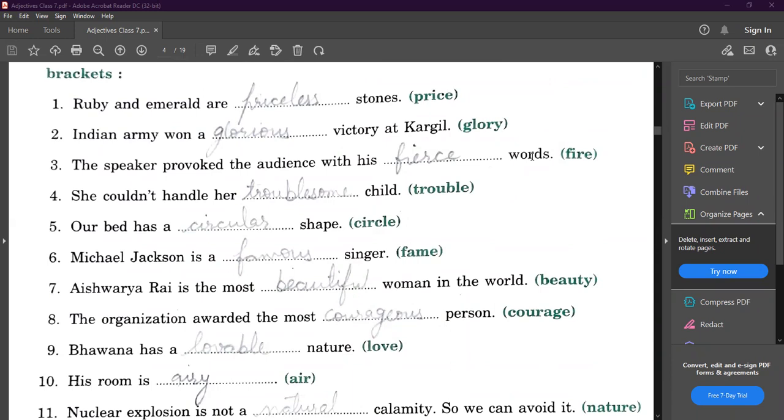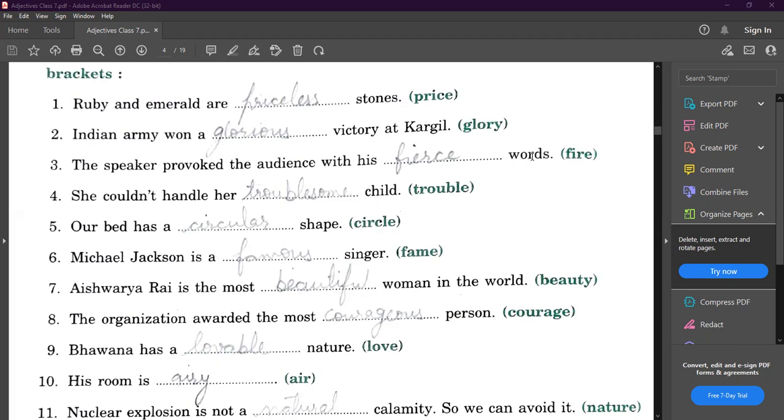Indian Army won a glorious victory at Kargil. The speaker provoked the audience with his fierce words. She couldn't handle her troublesome child. Our bed has a circular shape.